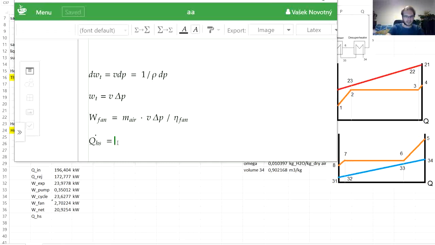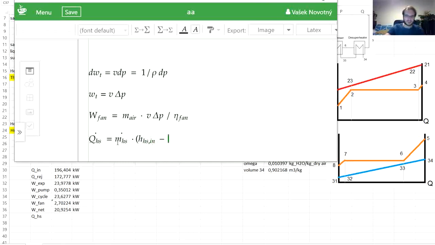theoretical heat that can be provided by this heat source. And so it would be the mass flow rate of the heat source multiplied by the enthalpy of the heat source inlet minus the enthalpy of the heat source when it would be cooled down to the ambient temperature.